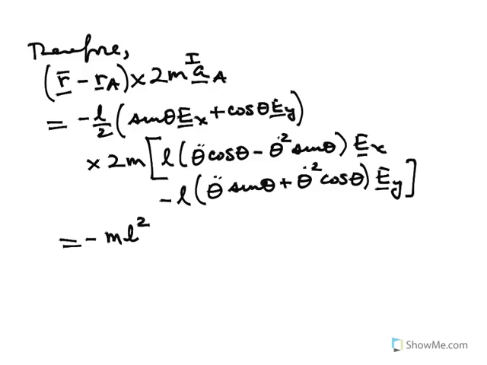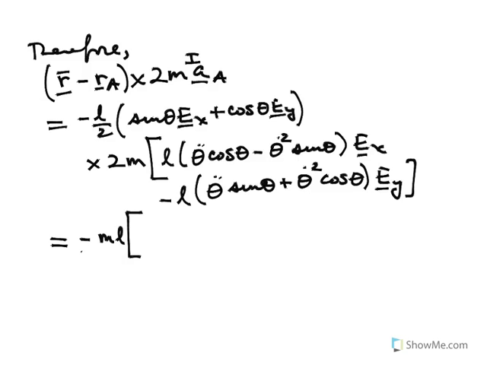And actually, let's not do the minus mL squared yet. Let's just keep everything the way it is. So I've got minus L over 2 out front, and this is multiplied by 2m. So I've got 2m, so I've got minus mL.